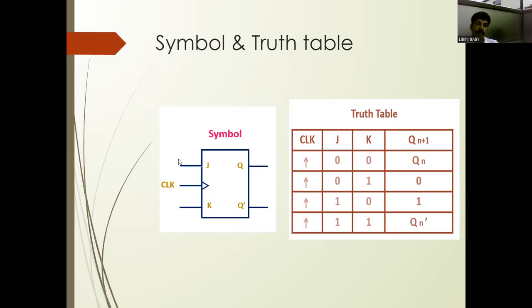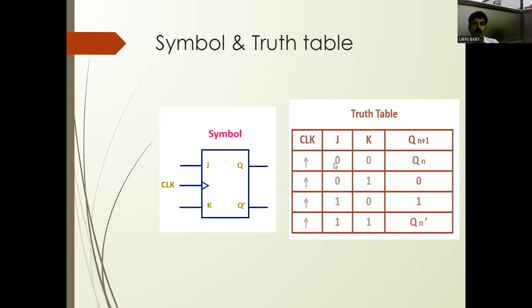If J is 0 and K is 0, when the clock pulse rises at the positive edge trigger, Qn plus 1 is equal to Qn. Here Qn plus 1 represents the next state and Qn represents the previous state. So if both inputs are 0, the next state, or the output of the JK flip-flop in this clock pulse, is Qn, the previous value.